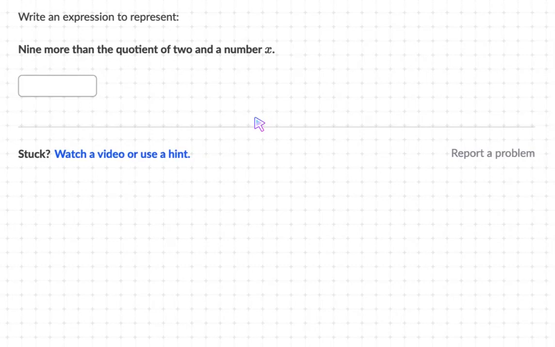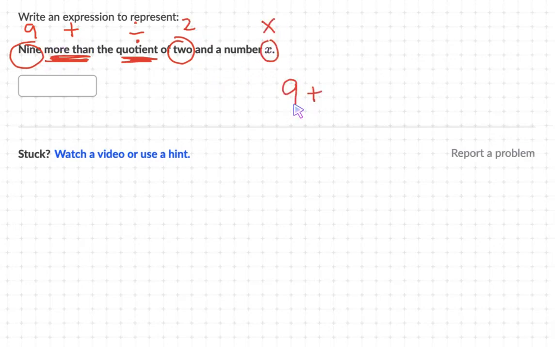9 more than the quotient of 2 and a number x. All right, so I have more than, which is addition. Quotient tells me division. And then the numbers are 9, 2, and x. So 9 more than, 9 added to it, the quotient means divide, quotient of 2 and x.